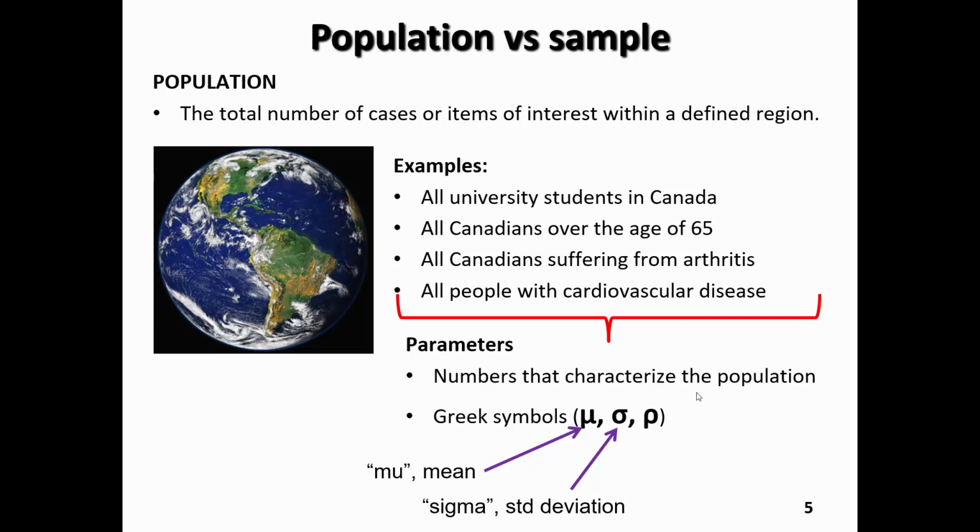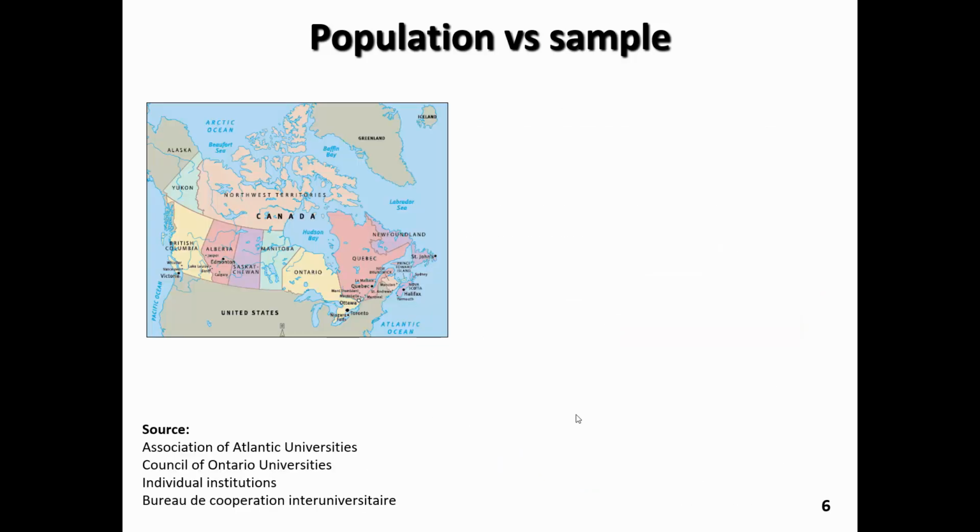This symbol here is Greek letter rho, and that is the symbol used to indicate the population correlation coefficient. So we'll get into these in much greater detail in subsequent videos, but just note here the main point is that when we talk about population parameters, we use Greek symbols to represent various calculated values.